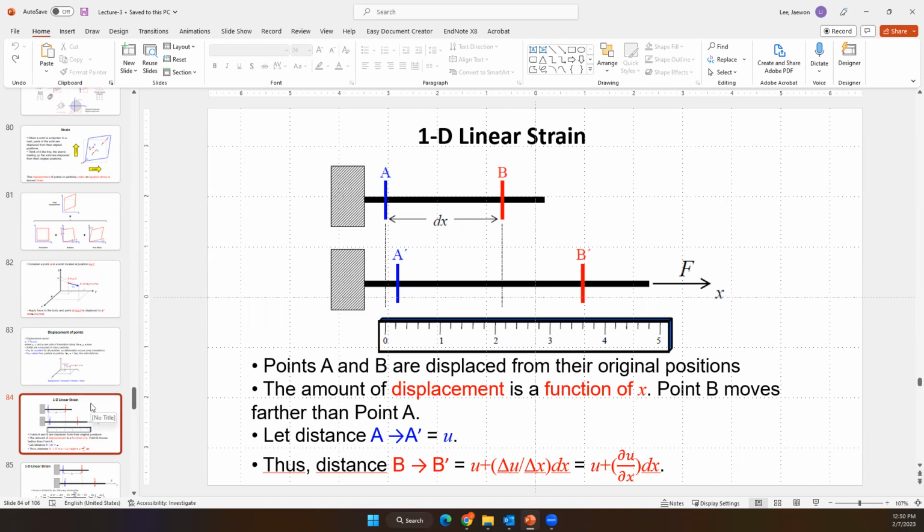Next, we are going to think about the 1D linear strain case.